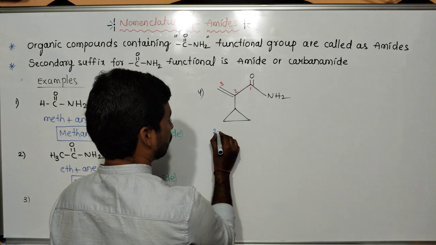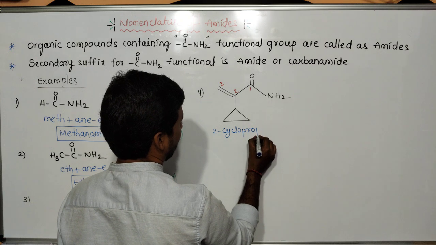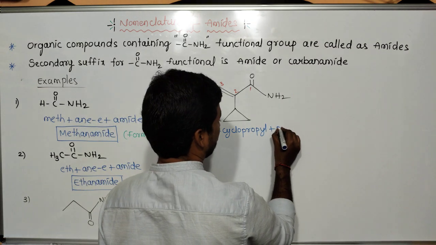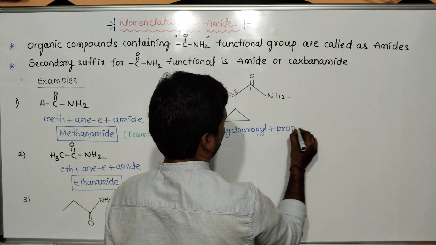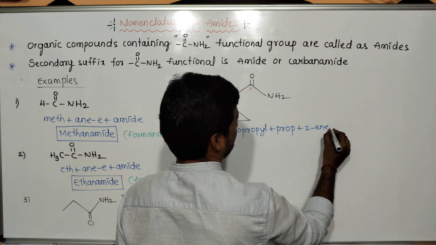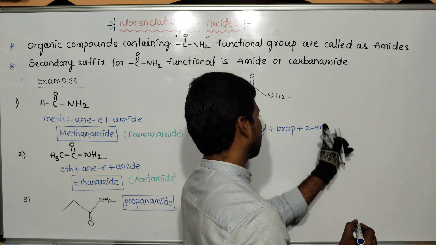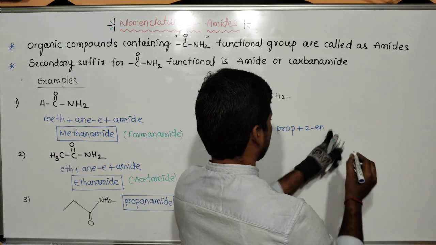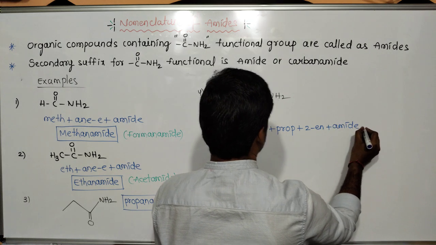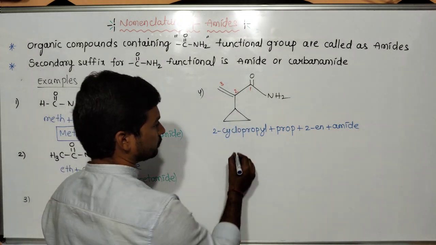So 2-cyclopropyl is the substituent. Next, root word for 3 carbon atoms is prop, plus a double bond at the second position, so 2-en, remove e and add amide.